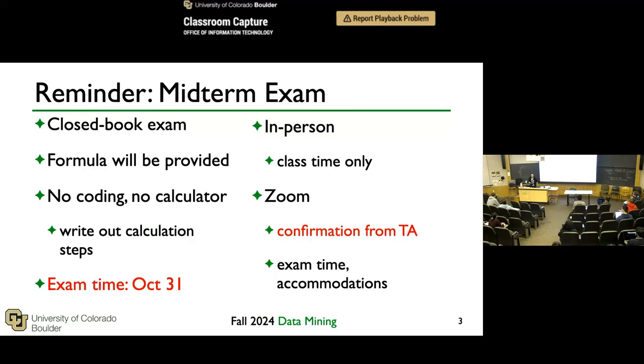Yes? Is there partial credit on the exam, or is it just whether you get it right? So the question is about whether there will be partial credit. Yes, for actually all the questions. That's why it's important for you to show your steps.